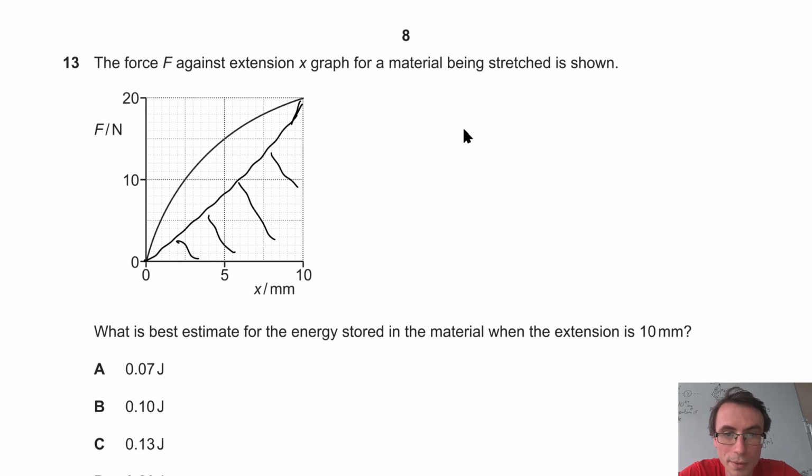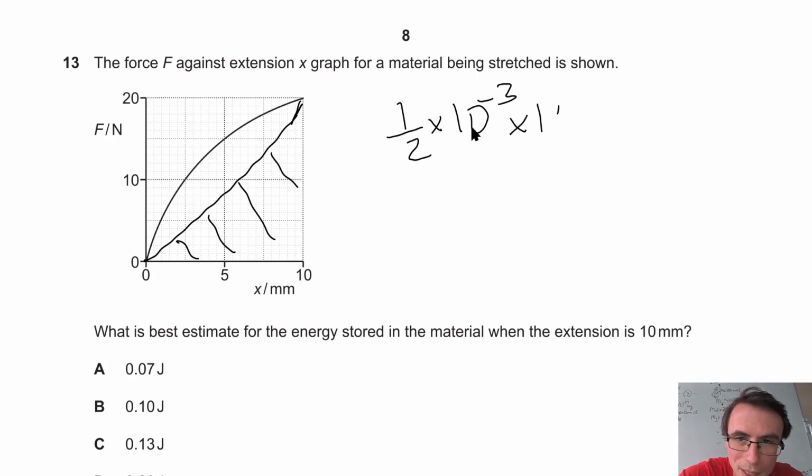So let's find the area of that triangle, which is just going to be a half times the base, which is 10 to the power of minus 3 meters, oops, times 10 as well, because it's 10 millimeters, times the height, which is in newtons, 20. So what does that give me? 0.5 times 10 times 10 to the power minus 3 multiplied by 20.